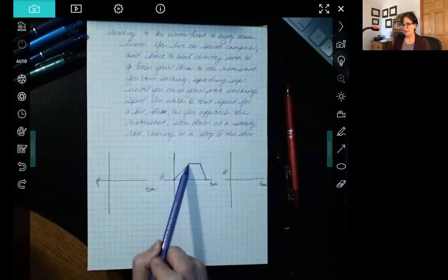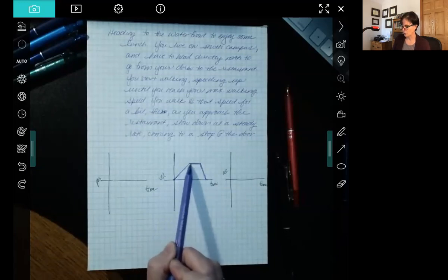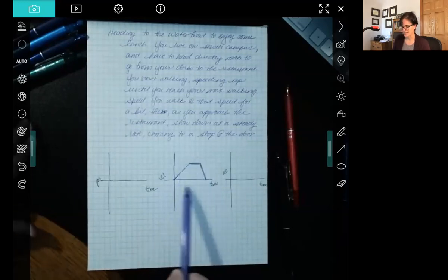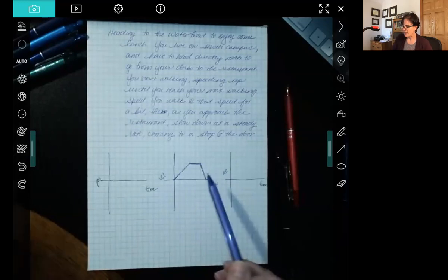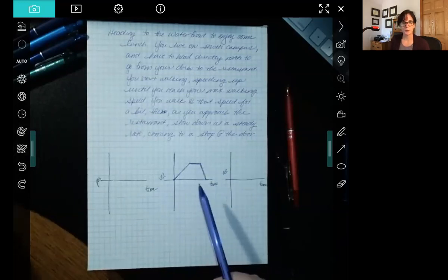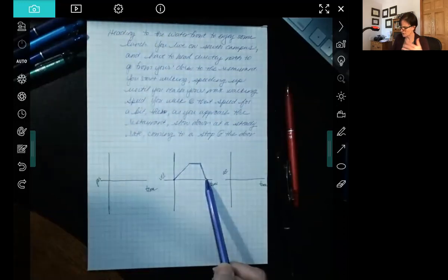Then I am walking at a steady rate, so my velocity isn't changing as time goes on. So I have a horizontal line here, representing that I am not changing my velocity as time goes on. And then I'm going to slow down as I approach the door. And I'm slowing down pretty quickly because I have a nice steep slope. My velocity is decreasing, but I'm still heading towards the door, which is north.